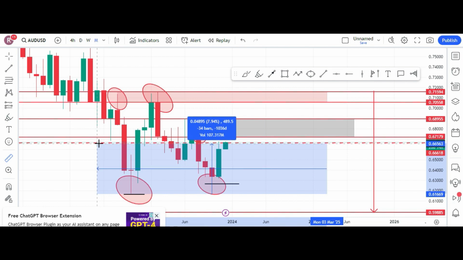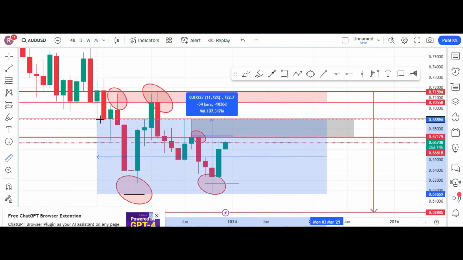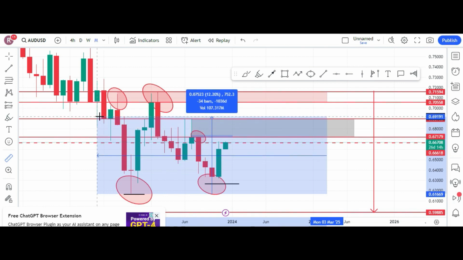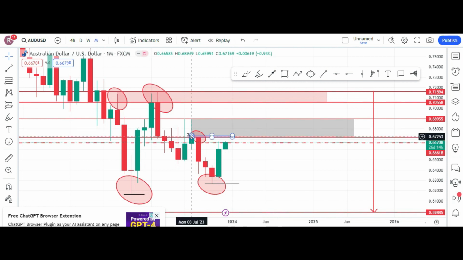You can see this is almost 500, and 750 is the 75%, which is just above this potential double top we have here in monthly time frame. I marked this zone with these two red lines, and I put the zone in black because it has not yet been into double top.